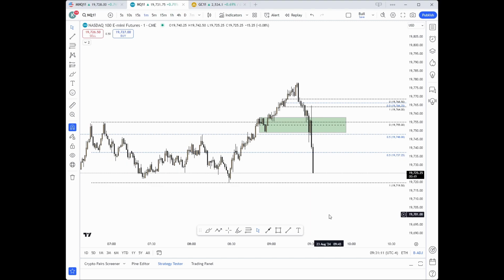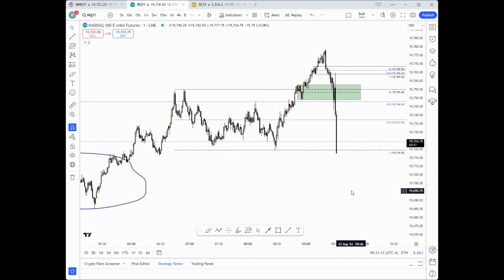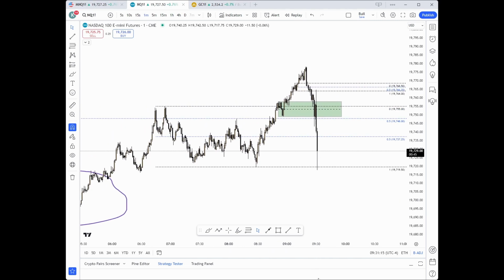There's your midpoint, no real sweep and failure. And down it goes. Challenging protected low long, but you might get a trade back up to the midpoint here.